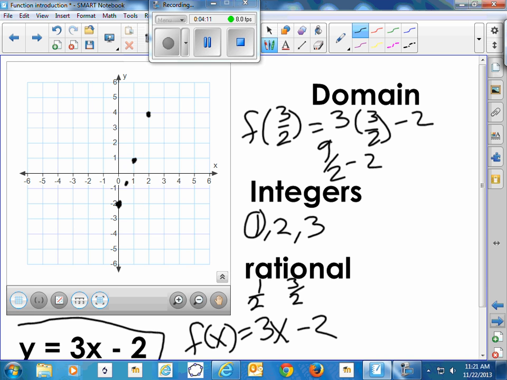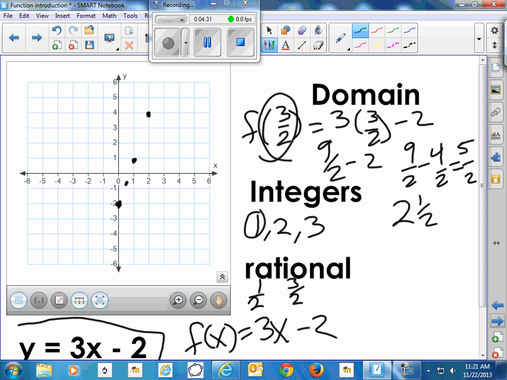Well, 2 is 4/2. So that would be 9/2 minus 4/2 equals 5/2. 5/2 is 2.5. So if x is 1.5, y is 2.5. So I'll go over 1.5 and up 2.5. Hope you can tell that that point is also on the line that goes in between the points that we already had from the integers, but now we're using rational numbers.